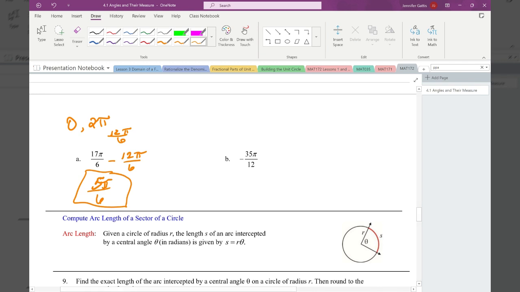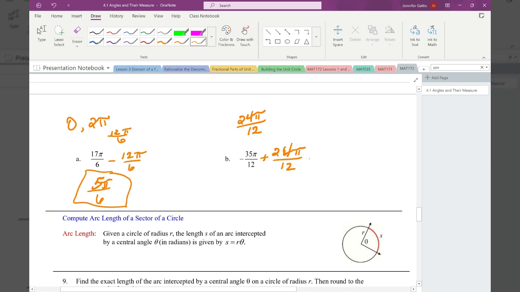Now, the same thing over here. Our goal is to go between 0 and 2 pi, and this is over 12. So that 2 pi is going to be 24 pi over 12. Well, negative 35 pi over 12 is below 0, so we're going to have to add 24 pi over 12.